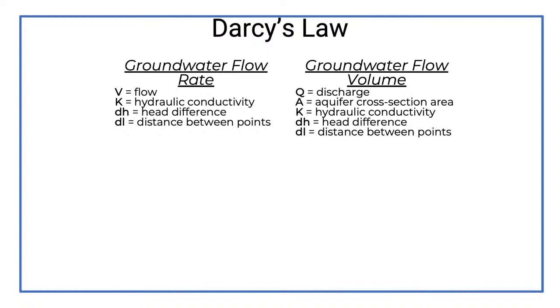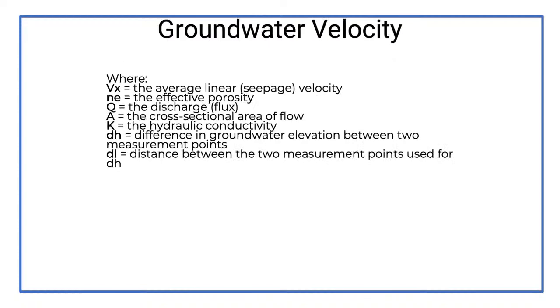The rate is the flow, and that's hydraulic conductivity times the head difference divided by the distance between the two points. I apologize for that. I didn't notice my formulas were missing here, but that's your basics. We can use Darcy's law to calculate both our flow rate and the flow volume through the aquifer.